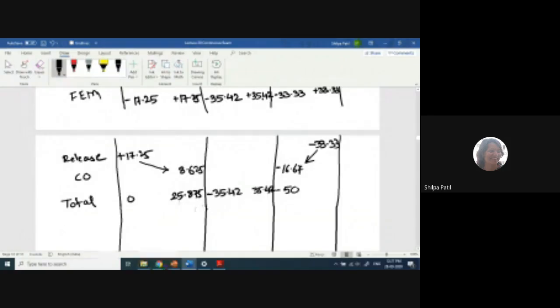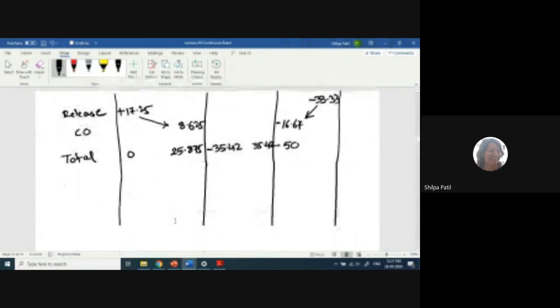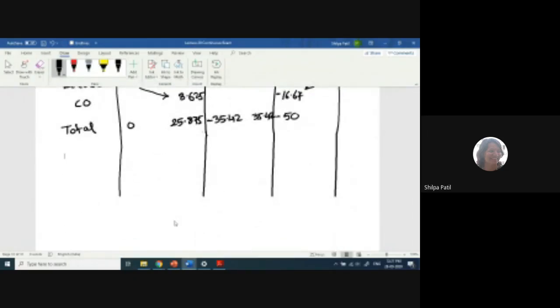So we have to find out the net moment acting at this joint. What is the net moment of these two moments? That is 25.875 minus 35.42. What is the net moment? Minus 9.545. Let us see, minus 9.55. So this is the net moment acting at this joint.